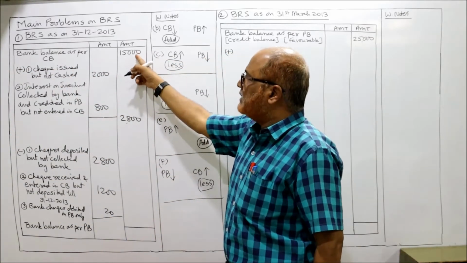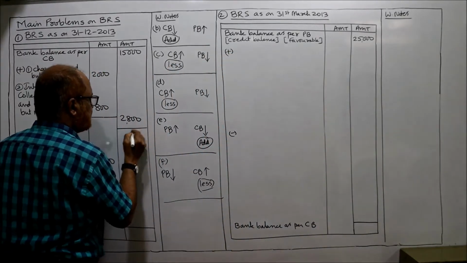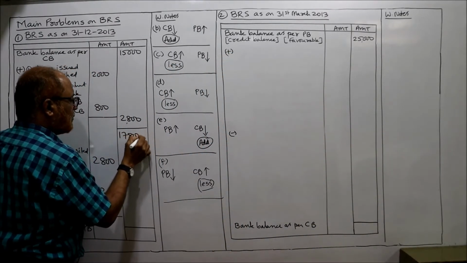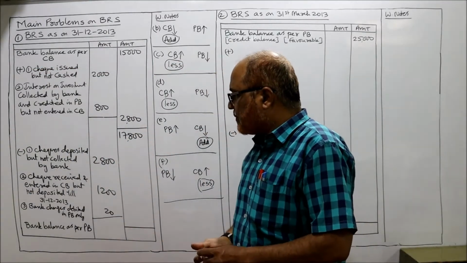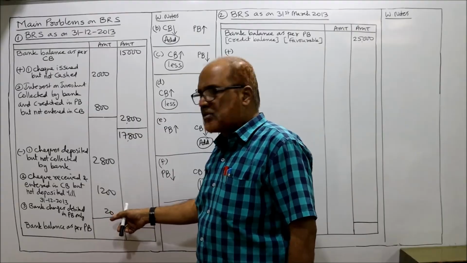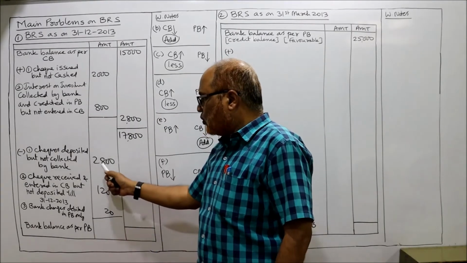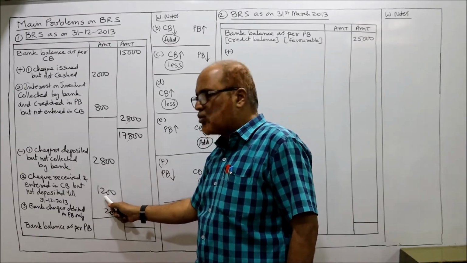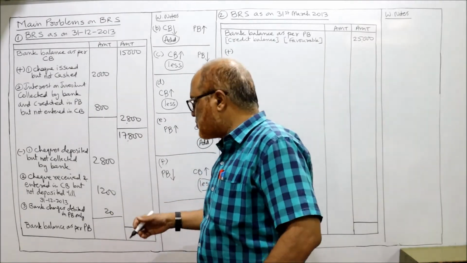Now add up 15,000 plus 2,800, that is 17,800. Now subtract items: there are three items. 2,800 plus 1,200, that is 4,000. 4,000 plus 20, 4,020.